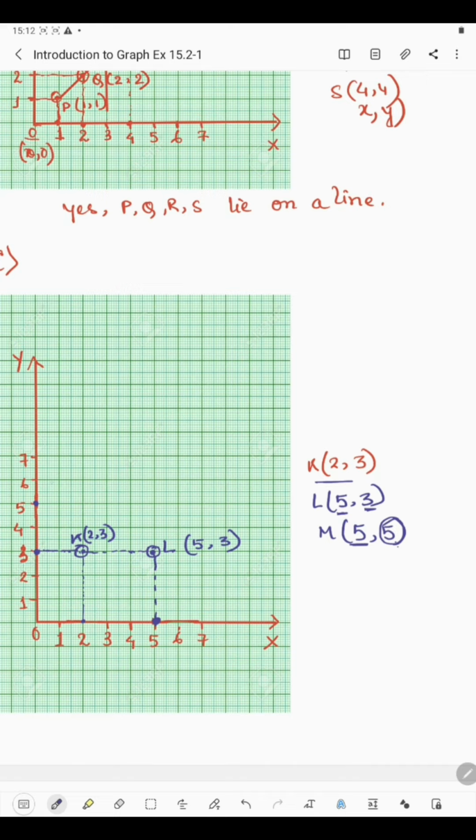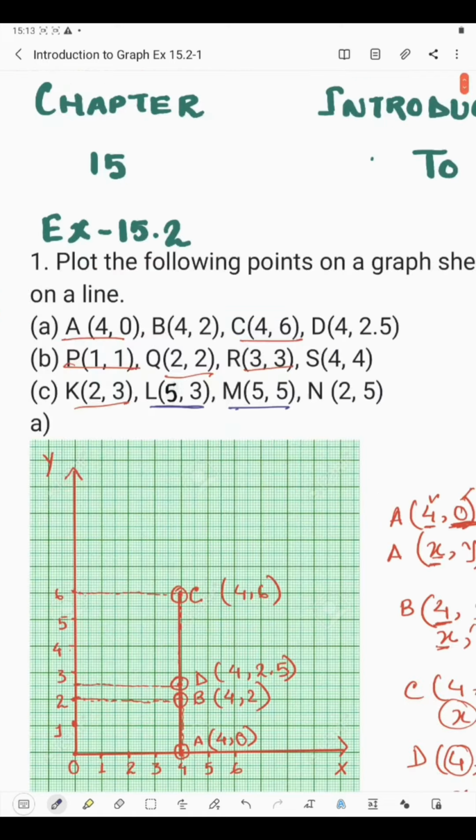Okay, now from here we will draw a line, and from here we will draw a line. So the two lines meet here. So this is point M, and the coordinate of point M is 5, 5.